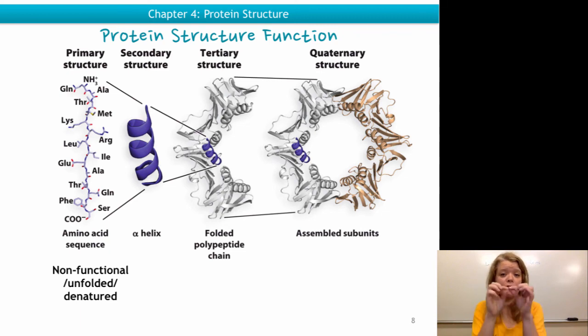So if you have broken all the bonds, all the connections, all the electrostatic interactions between the backbone and the side chains, and you just have a fully unfolded polypeptide chain, the chain will not be functional. It's lacking the three-dimensional form to fulfill its function.